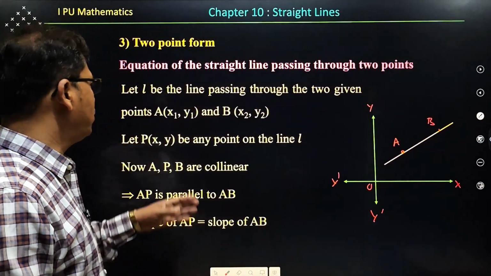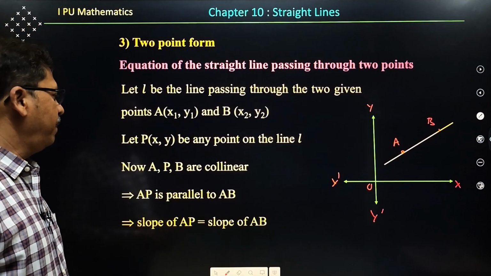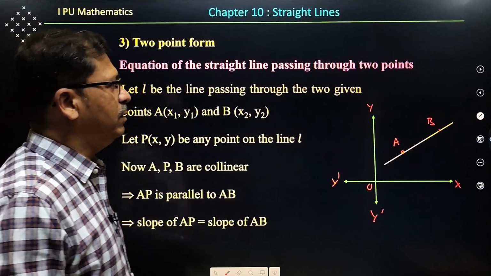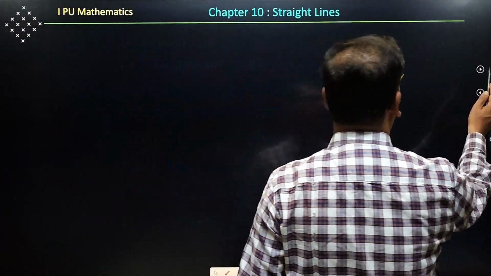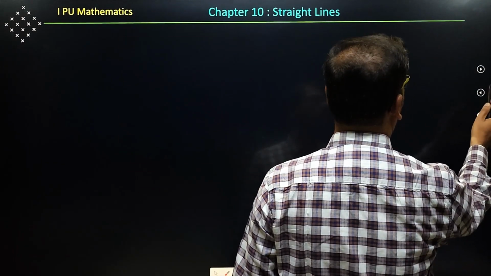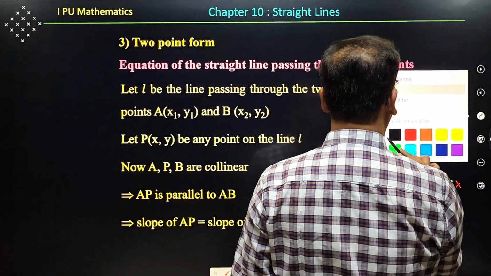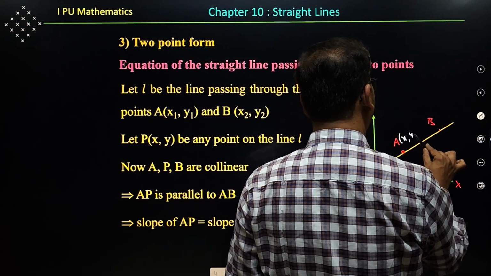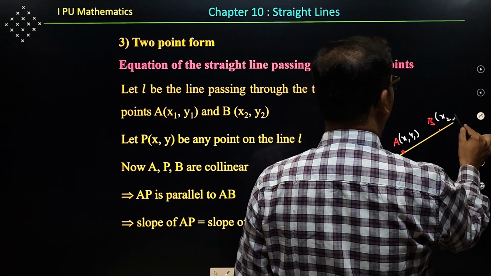Those 2 points are x1, y1 and x2, y2. Now observe here. Take the first point as x1, y1, and this is x2, y2.